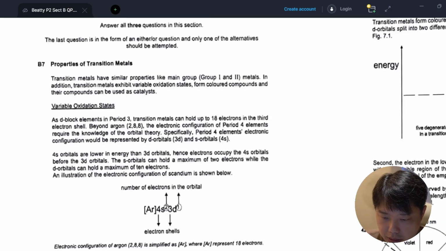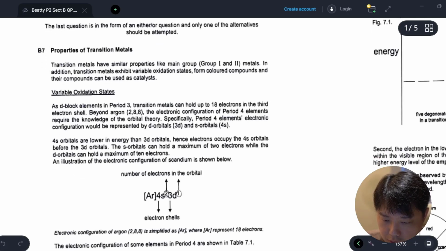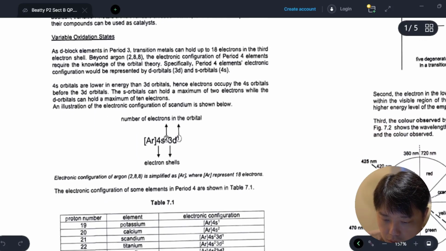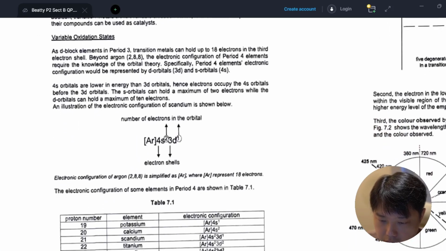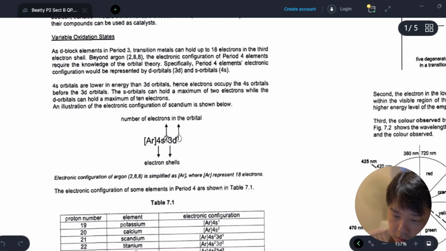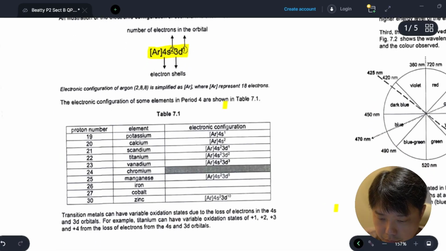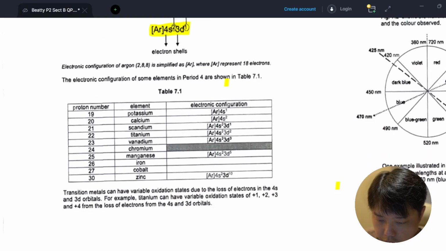If you read through, you will realize they tell you that their valence electrons are the 4s and the 3d. So they show you the way that you can actually write down the electronic configuration.